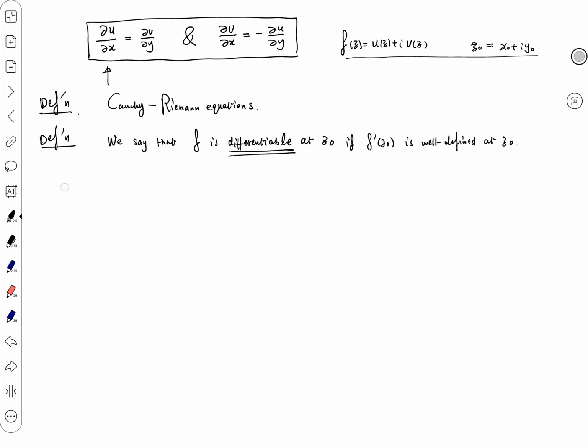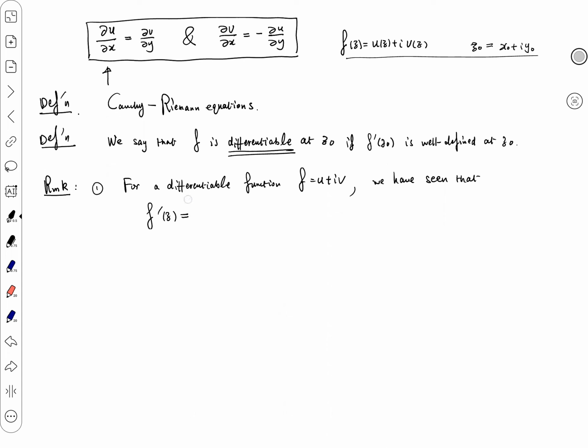Remark. For a differentiable function f equals u plus iv, we have shown that f is differentiable at z, because if it exists you can choose whatever approach.